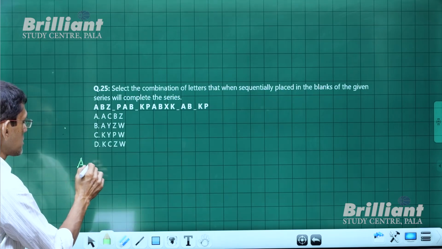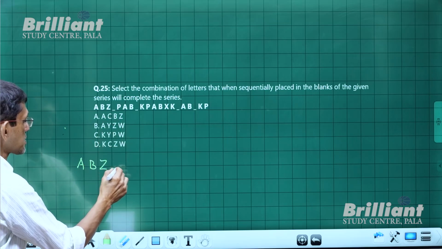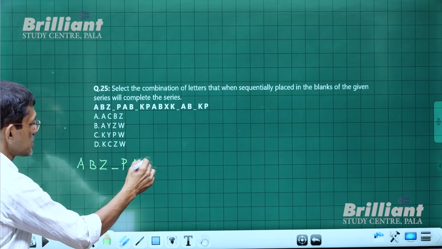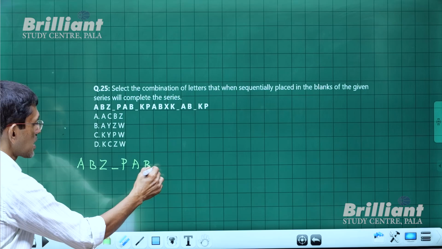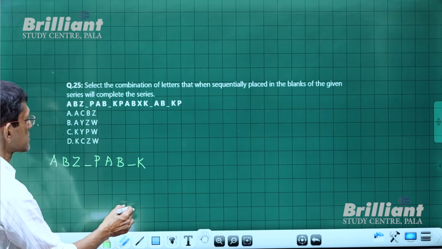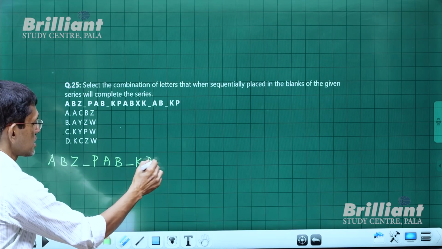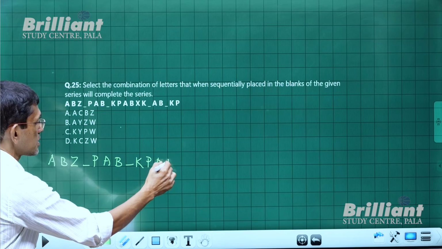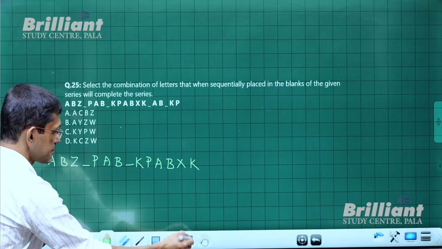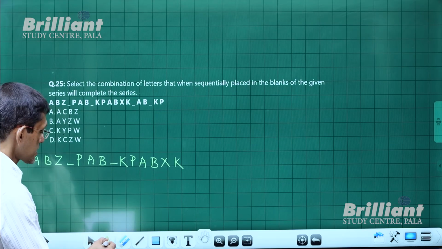A, B, Z, and then a blank space. Then we have P, A, B, then a blank space. Then we have a K. Then the other letters are like P, A, B, X, K. Then a blank space again.